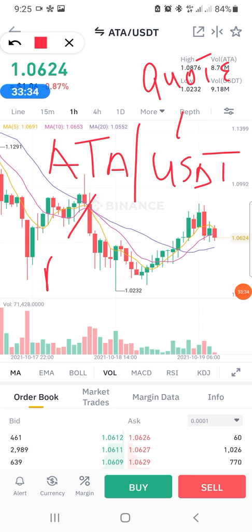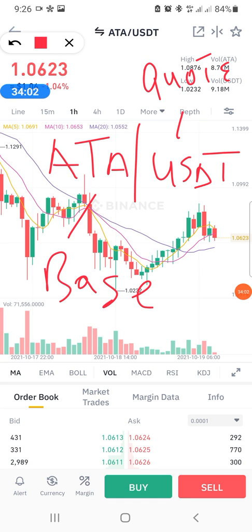Here is the base currency. What is the quote currency? We normally make use of the quote currency to take advantage of the base currency. A quote currency is the second currency in both a direct and indirect currency pair, and it is used to take advantage of the base currency.